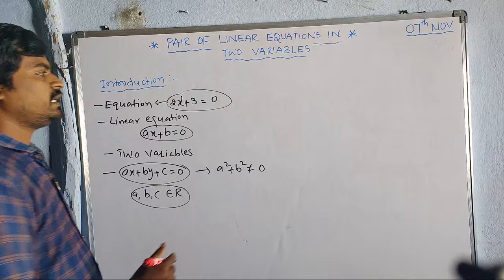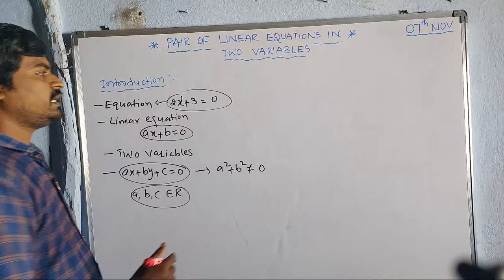Here a1, a2, b1, b2, c1 and c2 are all coefficients, real numbers. Real numbers, you know very well, are whether rational or irrational. And your condition is a1 square plus b1 square not equal to 0 and a2 square plus b2 square not equal to 0.